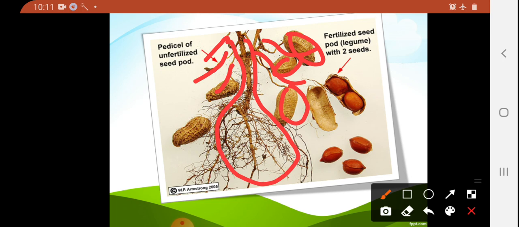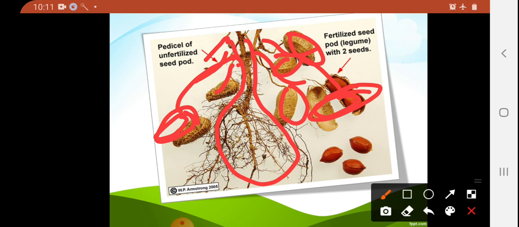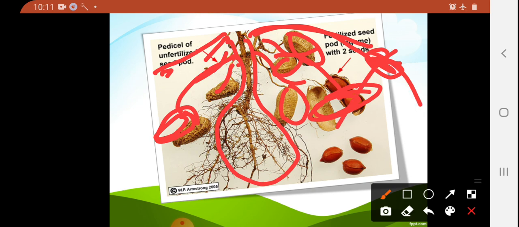No. Okay, these pods develop on a particular structure, that is the peg, and these pegs are inserted into the soil. When these pegs insert into the soil, only then can we find pods on the crop. If pegs are developed on the crop but remain above the soil, you can't find this kind of pod development. Okay.